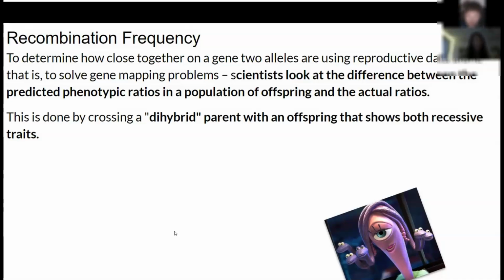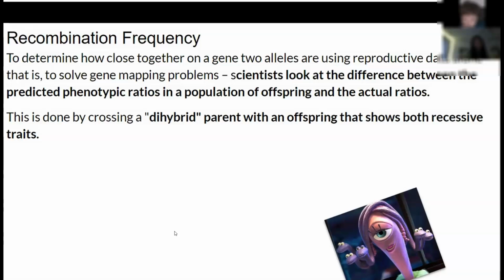Simply that they seem to always be inherited together. Like if you have blonde hair, you almost always have blue eyes, right? So it would be a fair guess that those 2 are inherited together, because I see them appearing together all the time. So when you don't see a mismatch, gene traits are probably linked.